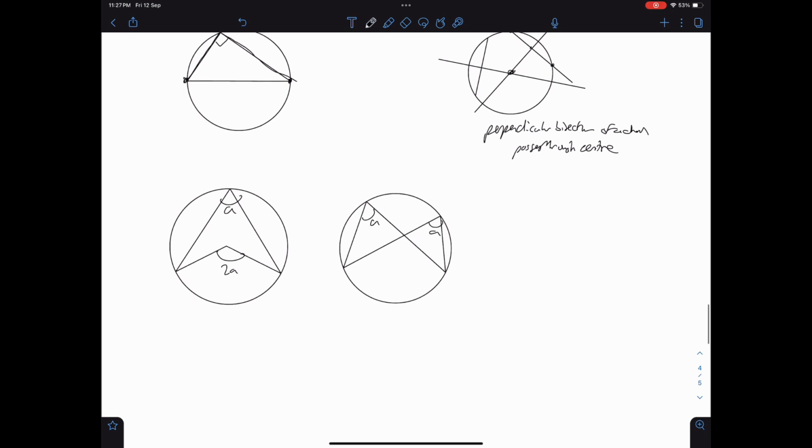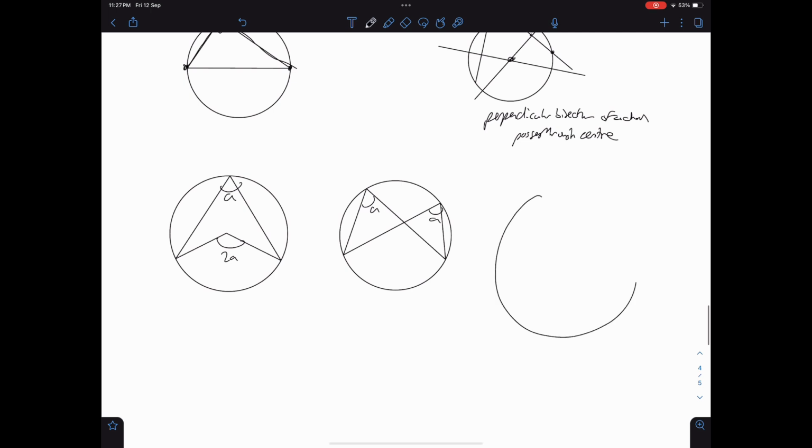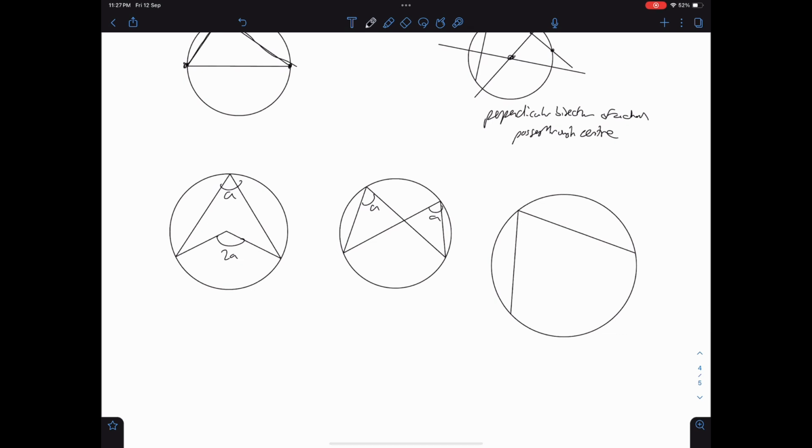And then cyclic quadrilaterals: like this, A and B, A plus B equals 180.